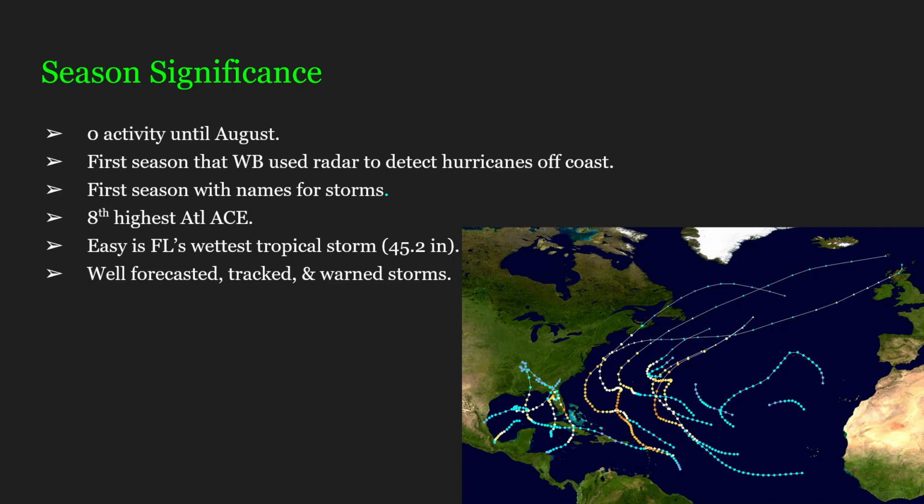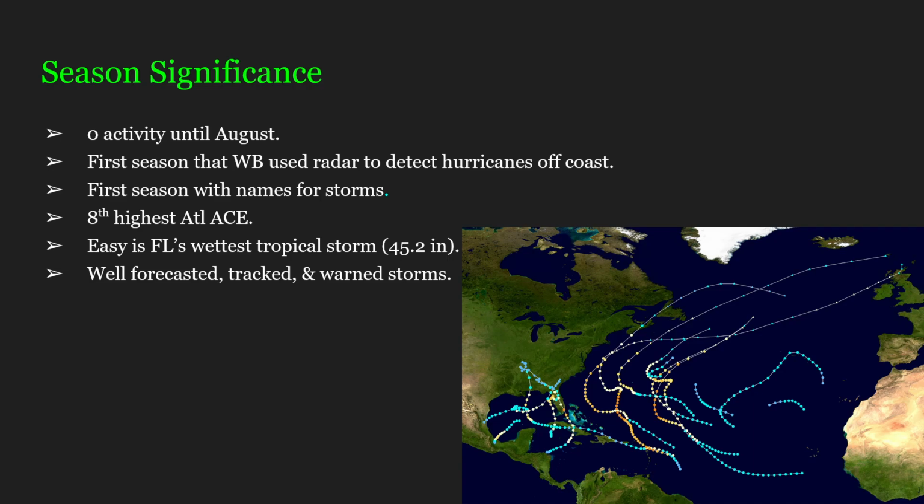Granted, I sure hope that no other storm beats this, as Easy stalled just off the coast. And you don't want a hurricane stalling anywhere unless it's out in the dead middle of the ocean where it doesn't affect land. You wouldn't want a hurricane stalling right outside of Long Island's doorstep, now would you? I know I certainly wouldn't, even if I don't live there.